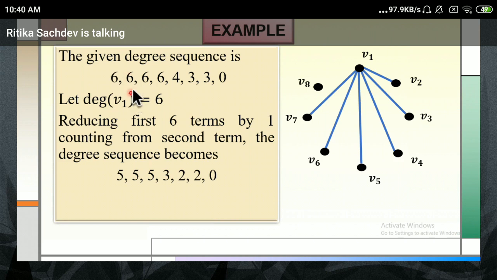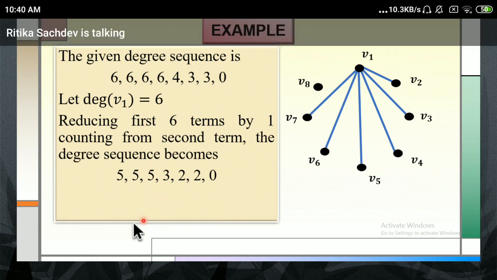Why the first 6 terms? Because this was 6. So this becomes 5, 5, 5, 3, 2, 2, and this remains as it is. Is this step clear to all of you? Or do you have any doubt? As of now, I have just said that after we have drawn the edges from V1, my degree sequence reduces to this.